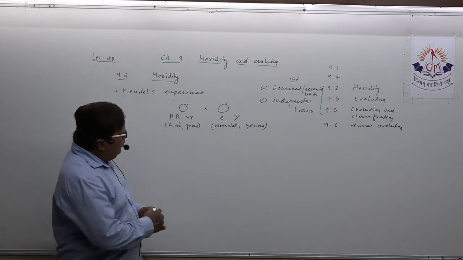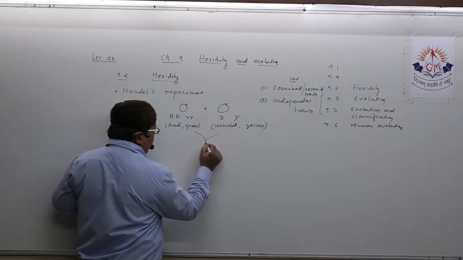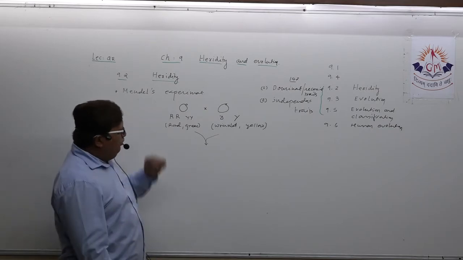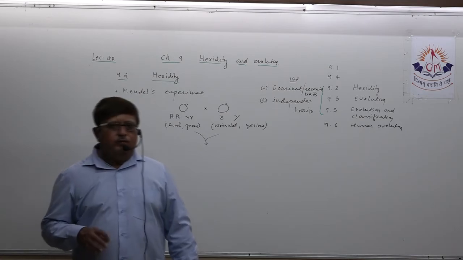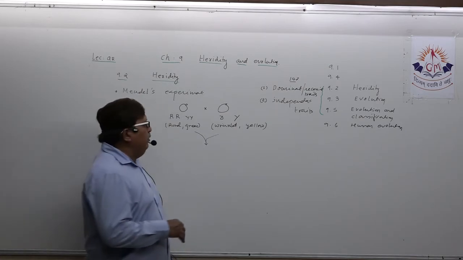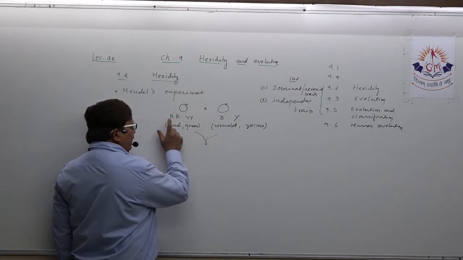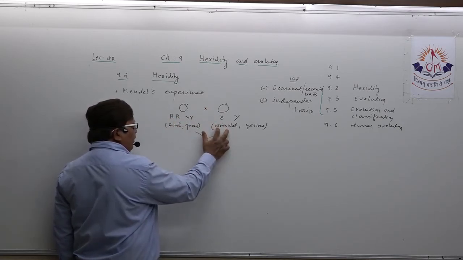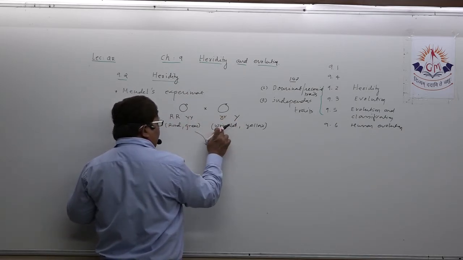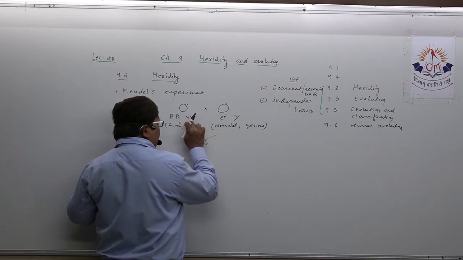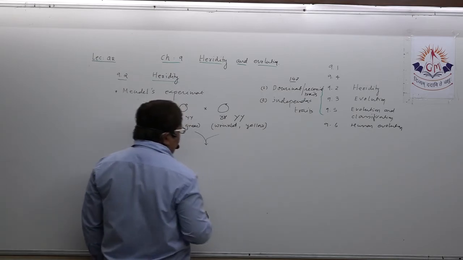So actually what happened in the F1 generation, see, dear student, you need to remember the combination here. Your mindset has to be very clear. What am I speaking about? That is RRyy, rrYY: RR round, small r wrinkled, small y green, capital Y yellow.